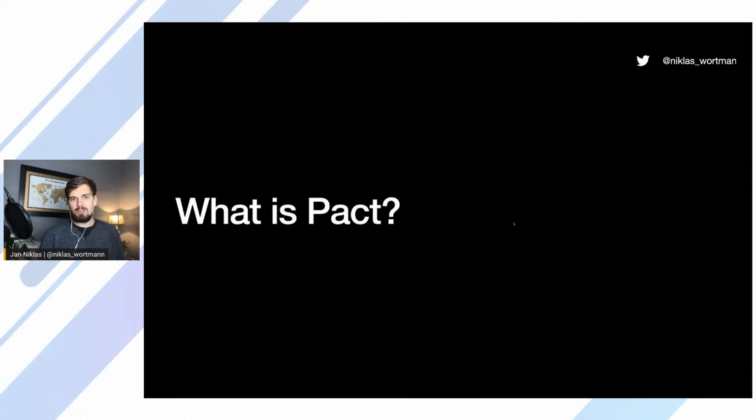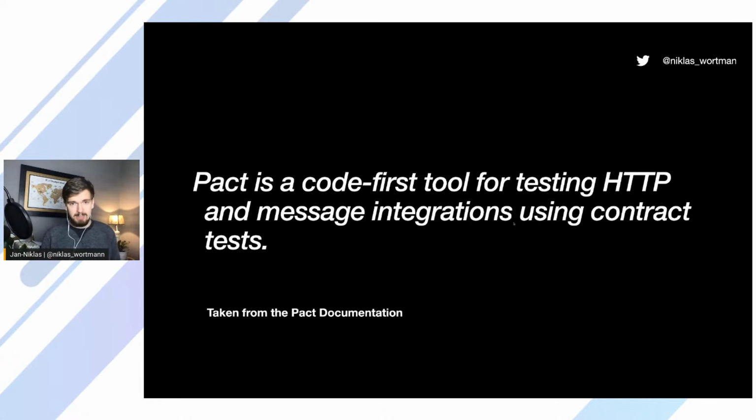Okay, so much about consumer-driven contract testing. Let's talk about Pact now. And I'm lazy. I think if you watched any other talks of mine so far, we should have established this. But I looked up a definition of Pact in the documentation. And there it's written, Pact is a code-first tool for testing HTTP and message integrations using contract tests.